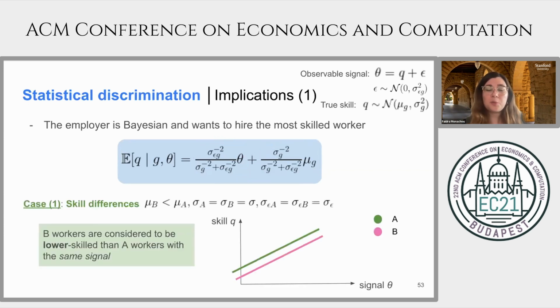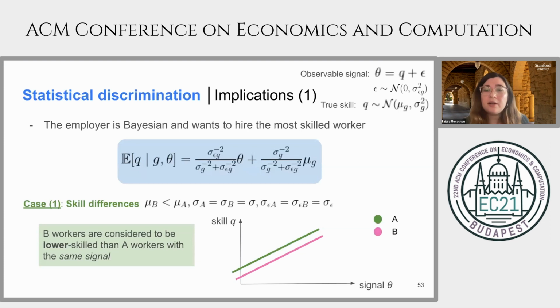To answer this question, Phelps considered two special cases. In the first case, groups have equal variances in their skill and noise distribution, and they just differ in the means of their true skill distribution. We see that the mean of group A, mu A, is higher than the mean mu B of group B's skill distribution. In this case, the skill estimates are, as you see in the graph here, two linear functions, linear in the sense of the signal's value theta.